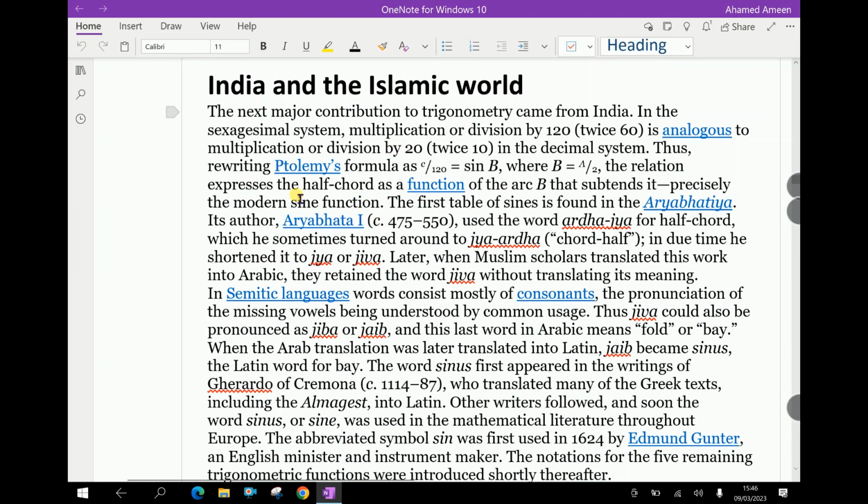The next major contribution to trigonometry came from India, and the sexagesimal system, multiplication or division by 120, that is twice 60, is analogous to multiplication or division by 20, that is twice 10 in the decimal system. Here normally, suppose sin A equal to C over 120, where B equal to A by 2.